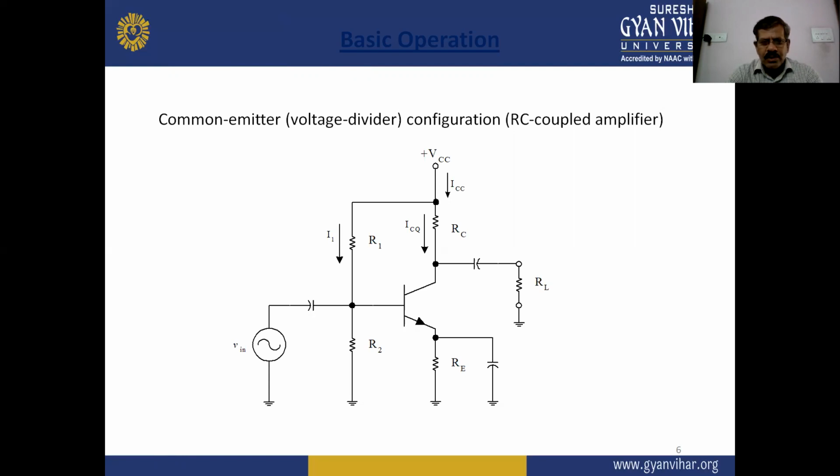RL is the load. In a power amplifier, we have a speaker as a load. So these are the different stages of power amplifiers, for example the common emitter voltage divider or RC coupled amplifiers.